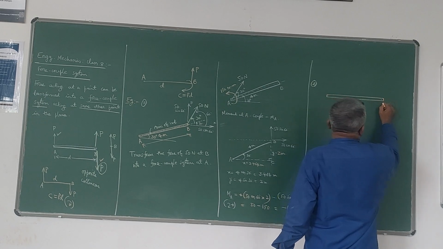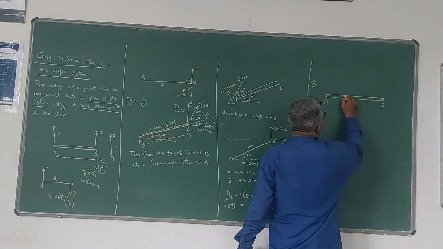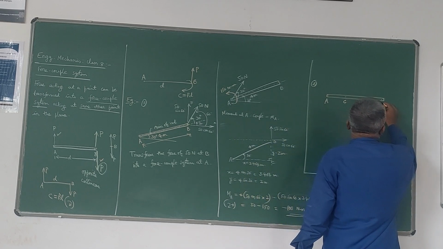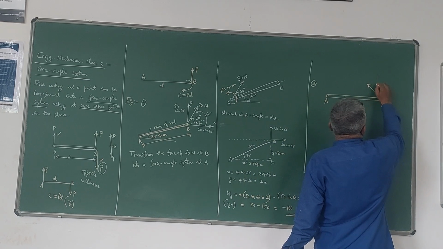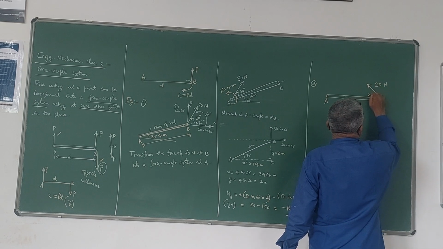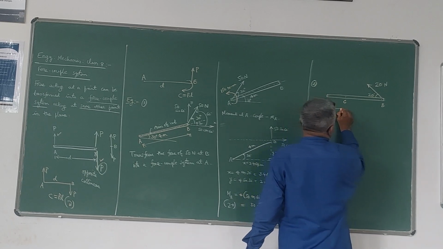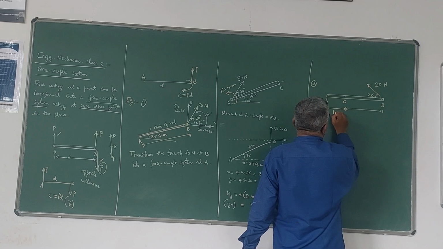You can have a rod like this. AB is the rod. Now C is a point here. What I will do here is take a force acting like this at B, 20 Newton, acting at 20 degrees, and the distances are 1 meter and 2 meter.